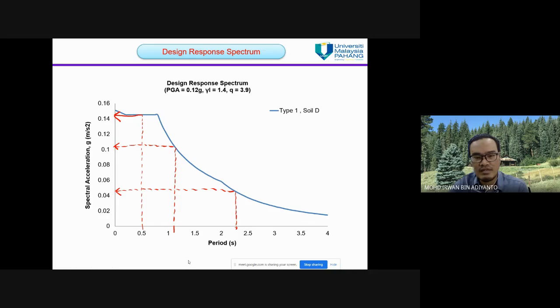So you can see the trend. As the period of vibration increases, what happened to the spectral accelerations? Can somebody conclude to me? As the T1 increases, what happened to the SDT1?